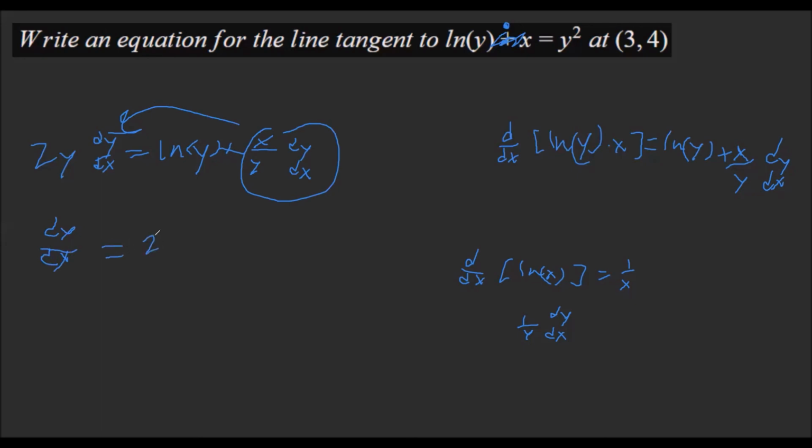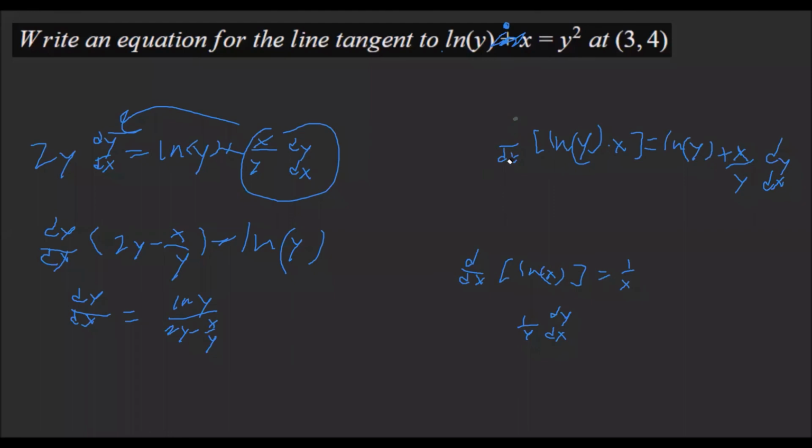So we end up with dy/dx times 2y minus x over y is equal to natural log y. And you can probably imagine what we're going to do from here. We're going to divide each side by 2y minus x over y. So we end up with dy/dx equals natural log y over 2y minus x over y.